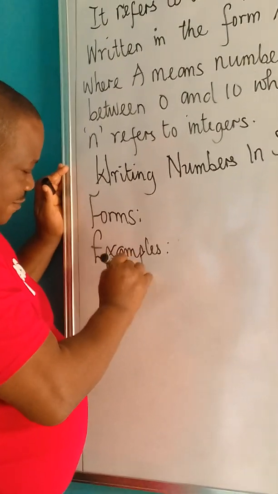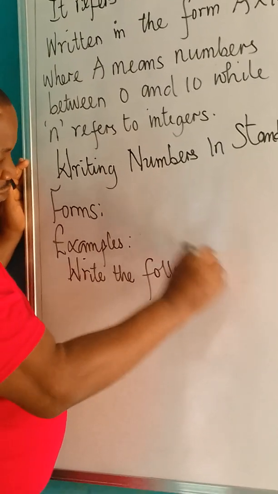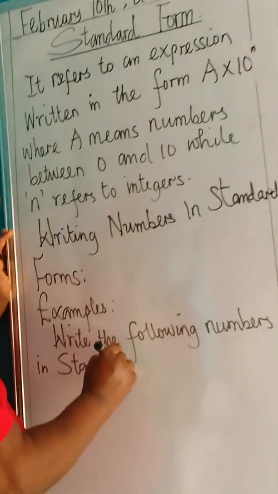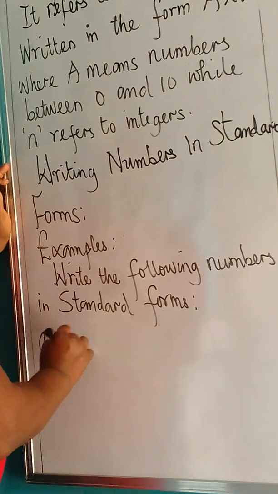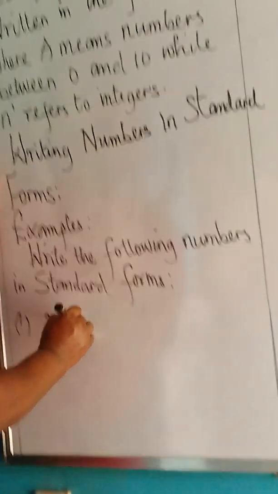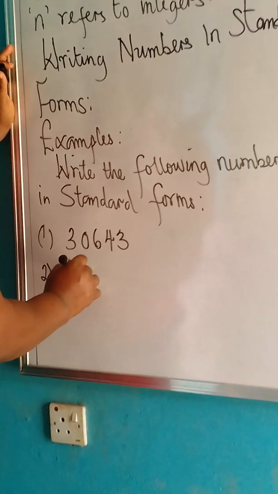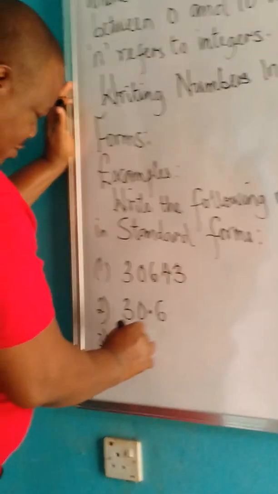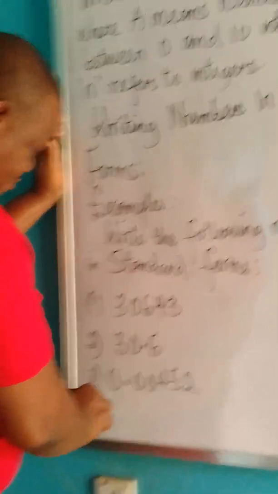Write the following numbers in standard form. 1, 3, 2, 3, 4.